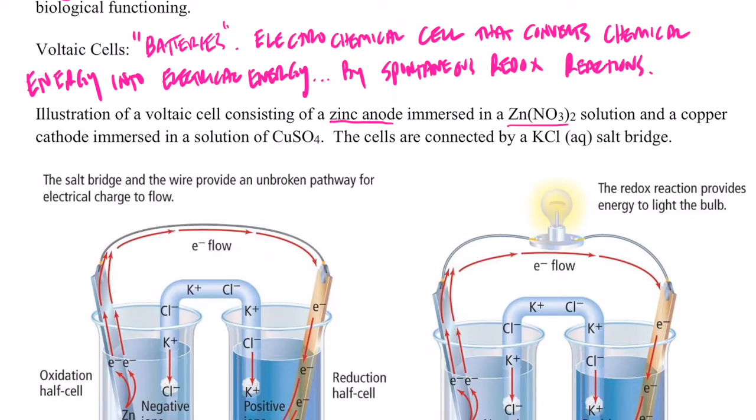And we have a copper cathode, so just a piece of copper, and I'll tell you what a cathode is in just a second. And that's immersed in a solution of copper 2 sulfate. Now the cells are connected by something called a salt bridge, and this salt bridge has potassium chloride in it. So it has K plus and Cl minus ions in that salt bridge.